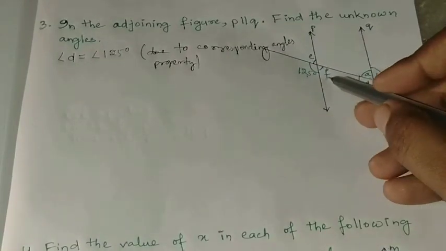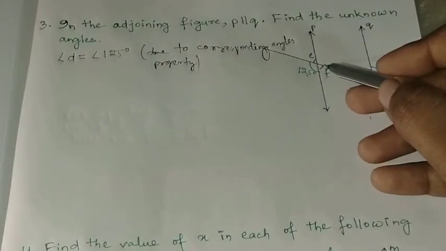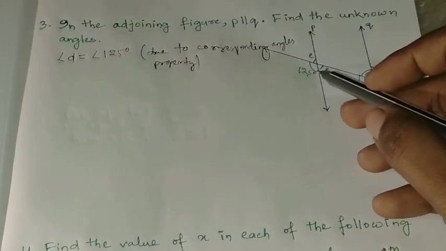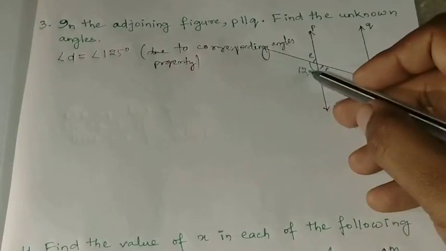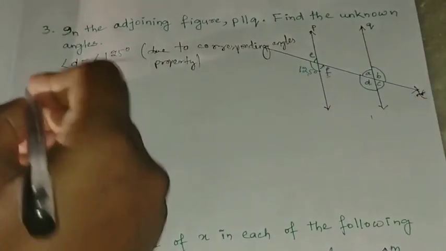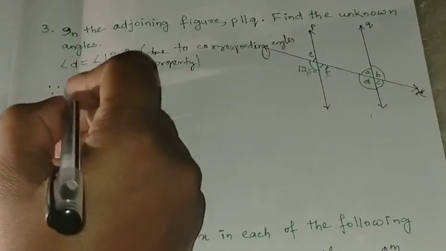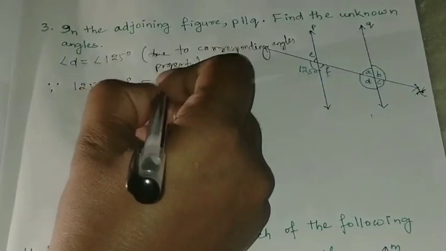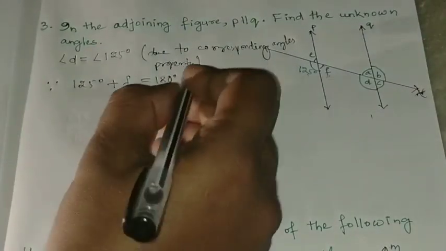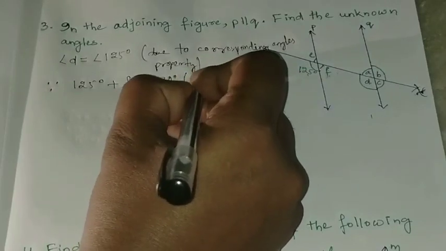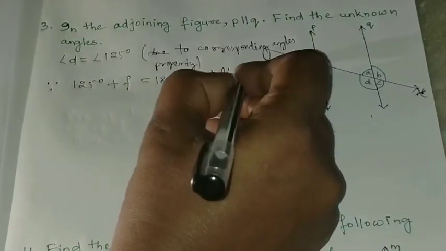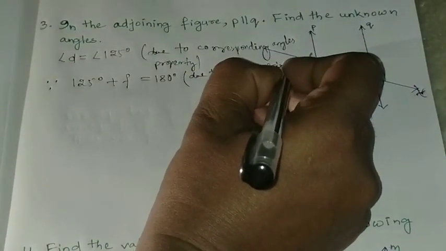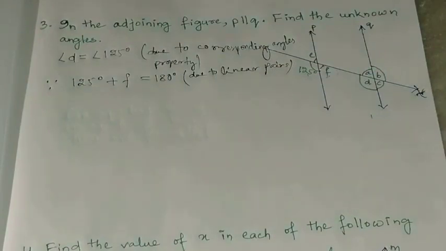Now we can find angle F, because the 125 degree angle and angle F are a linear pair. The sum of these two angles is how much? 180 degrees. So you can write, since 125 degrees plus F equals 180 degrees, due to linear pairs of angles.